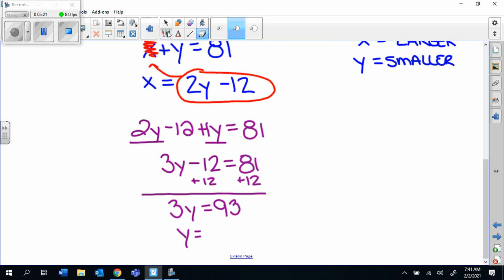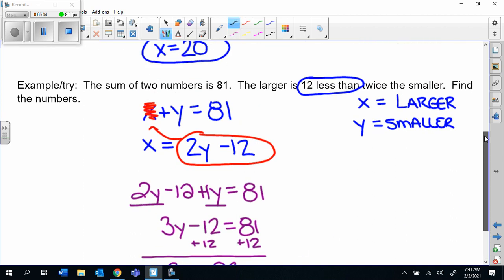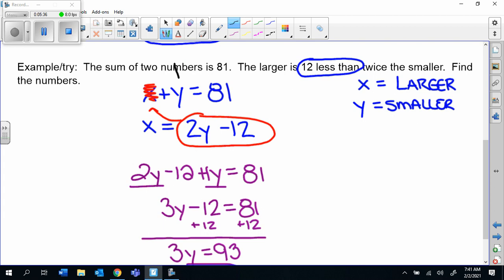All right. So 93 divided by 3 is 31. We're not quite done. We don't have an x value yet. Where do you plug in this y? Honestly, you can plug it in either spot, so don't think you have to plug it into the equation at the bottom. Either of your original equations will work. This one is going to be easier because it's already solved for x.